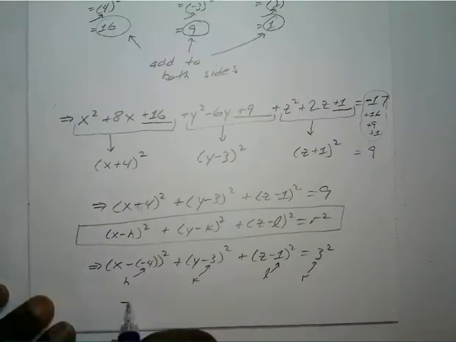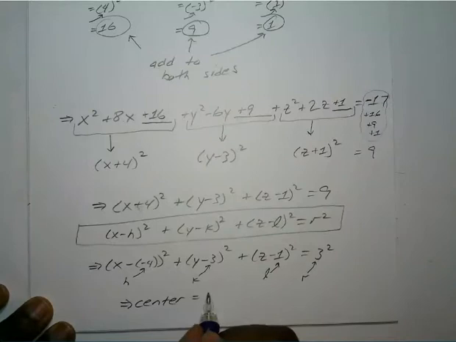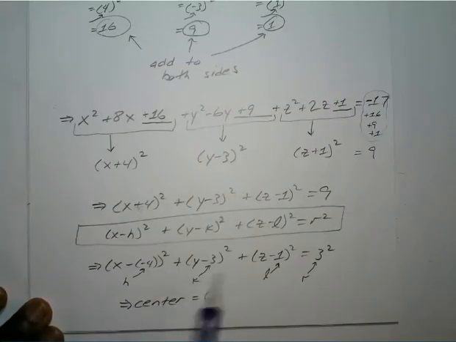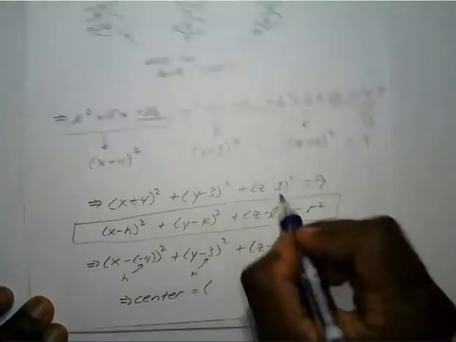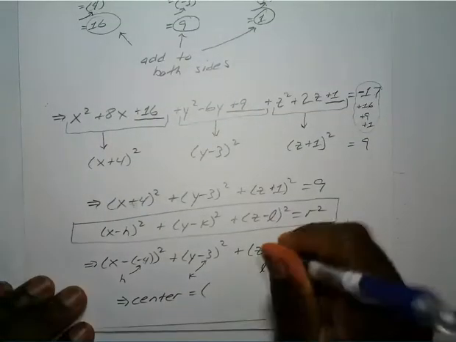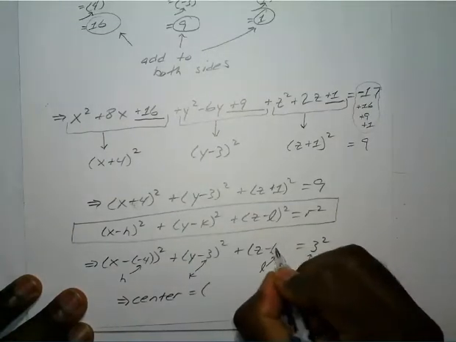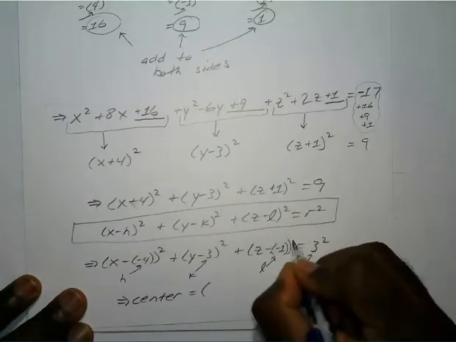Okay, so that means that our center, which is h, k, l, is negative 4, 3, negative 1. Well, negative 1. That was z plus 1. Oh, my mistake. I wrote that. That should be z plus 1. So that should be z minus negative 1. I'm sure somebody caught that and was yelling at their screen. There we go.